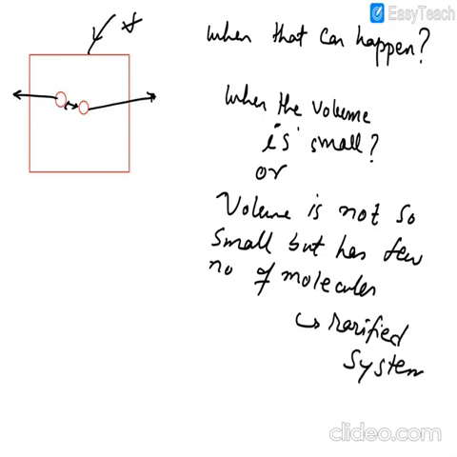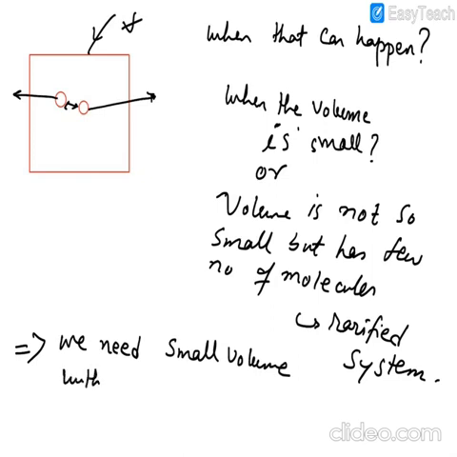Okay, so exactly what we want is that after collision this molecule should not come out of it. That means we need a small volume with sufficient number of molecules.